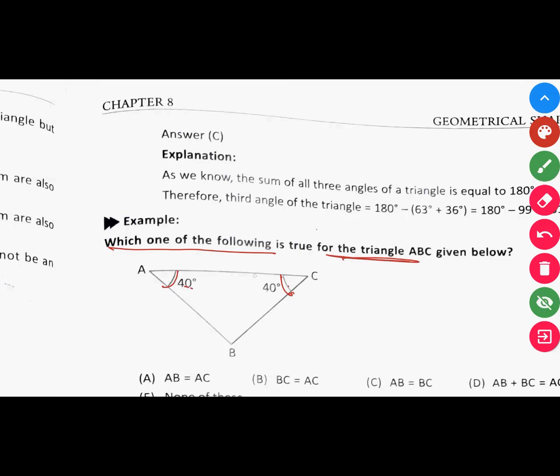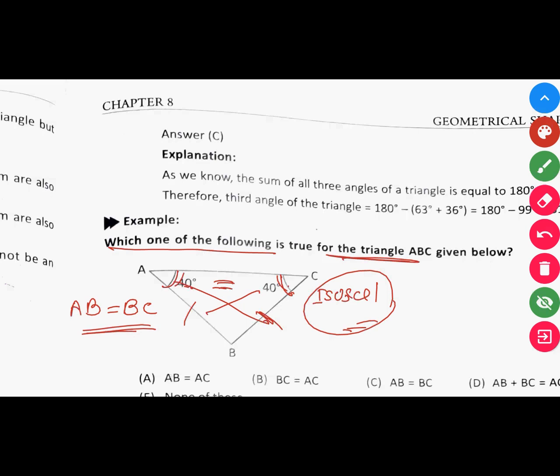So remember which type of triangle it is? It is an isosceles triangle, because only an isosceles triangle has two equal angles and two equal sides. So the sides opposite to these, side AB is equal to side BC.